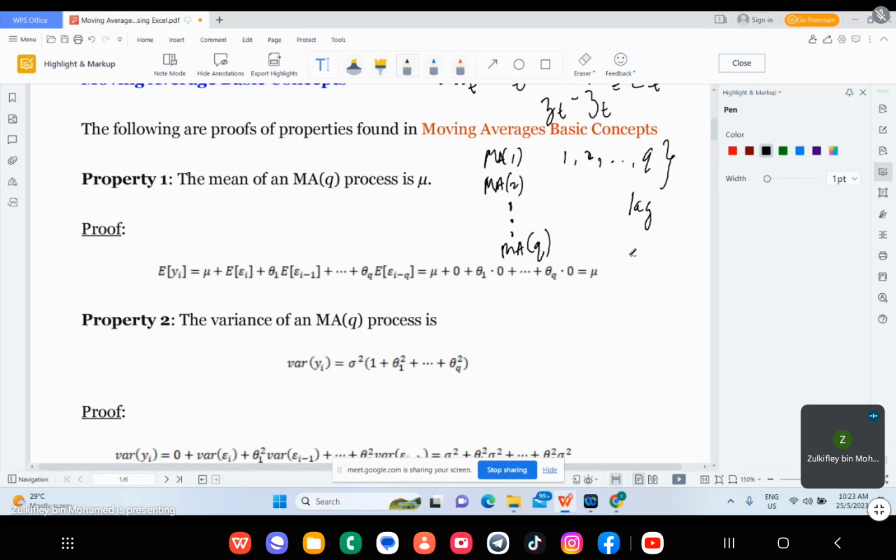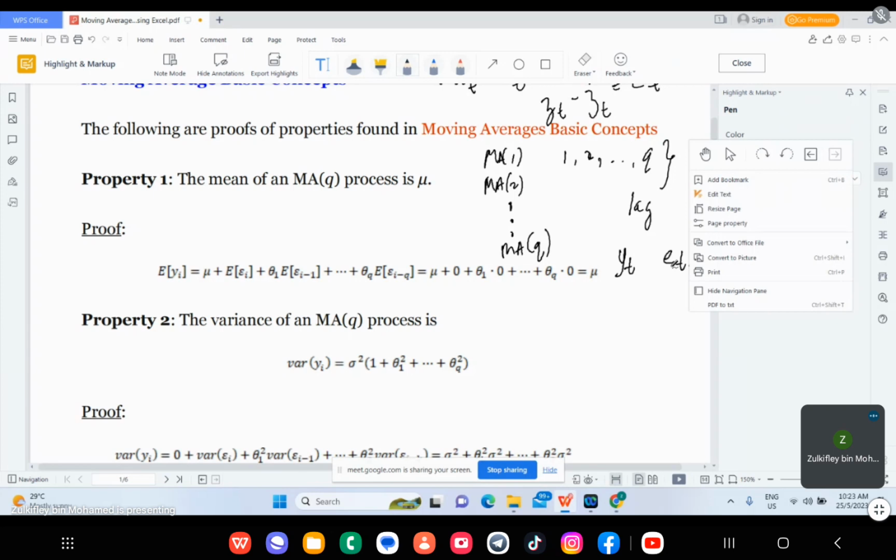Kalau MA1 seperti yang saya katakan dulu, kalau kita ada data YT, MA1 maknanya kita regress YT dengan epsilon T minus 1.